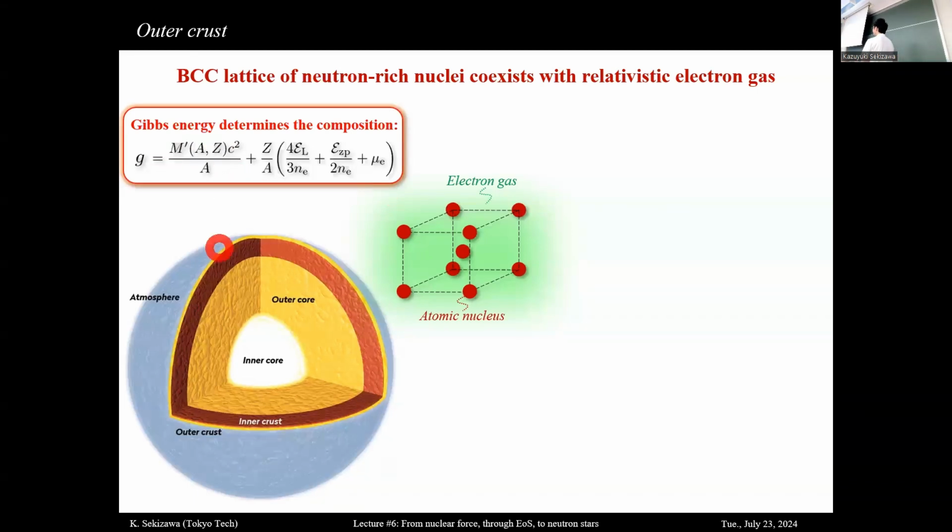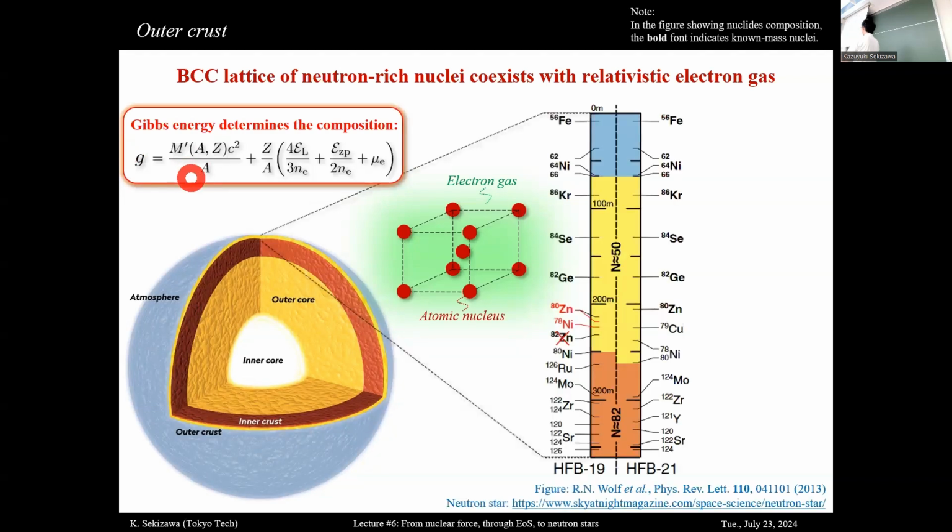If we have a mass model or experimental masses, we can use this information to calculate this Gibbs energy for various neutron and proton numbers and minimize it. And we can get the composition of the outer crust in this way.